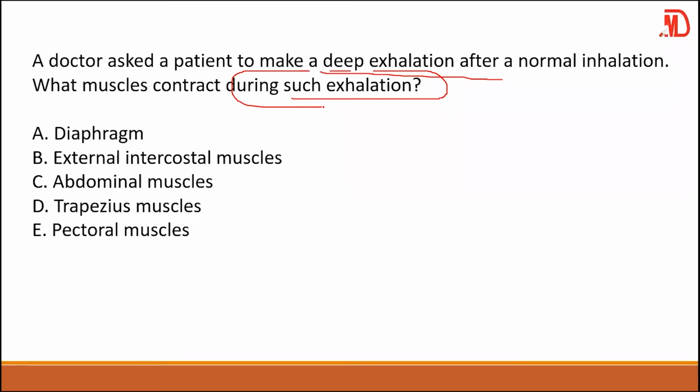These include the sternocleidomastoid muscles. Then you can talk about the scalenus anterior, medius, posterior, and pectoralis major and minor. All of these are involved in what we call accessory inspiratory muscles.